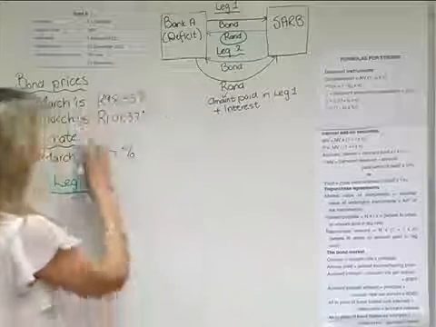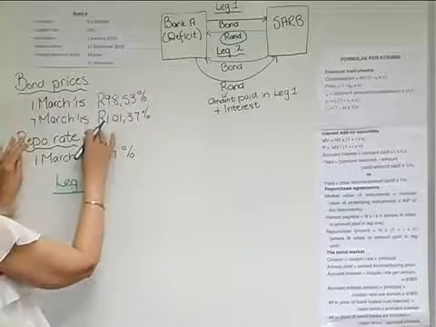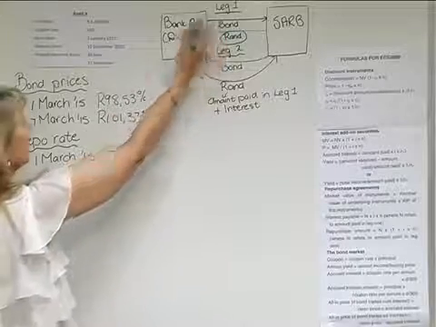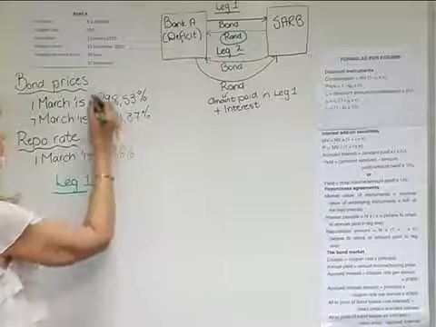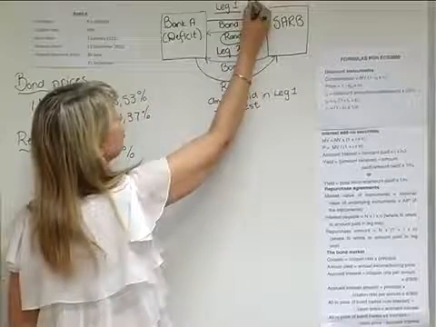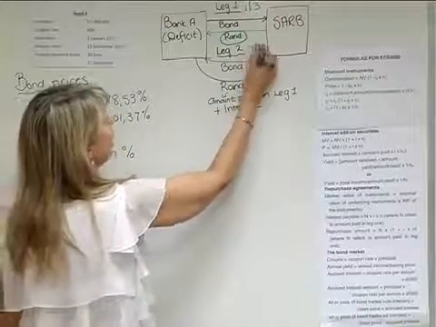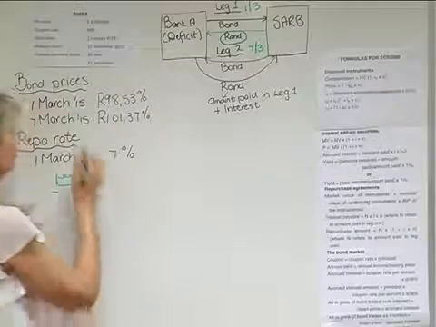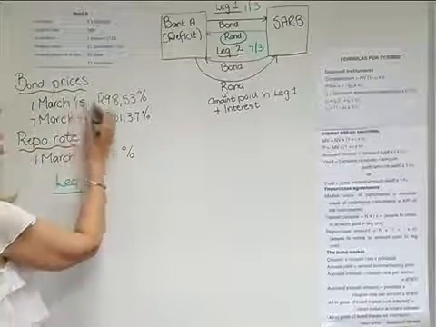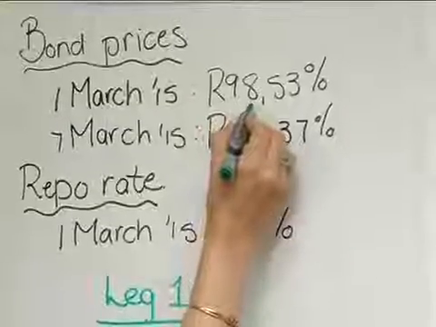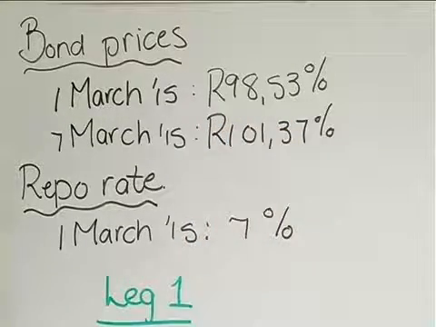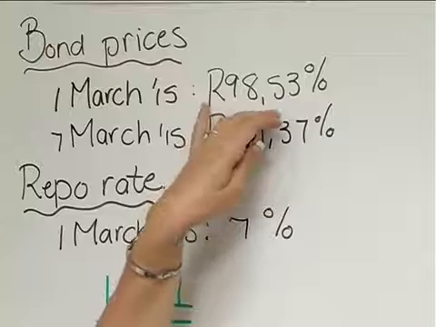And here we have provided the bond prices. Now this leg 1 takes place on the 1st of March, and leg 2 will take place on the 7th of March. On the 1st of March, the bond price is 98.53 Rand per cent.